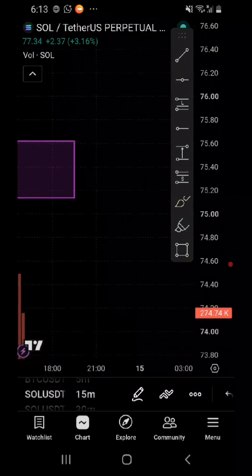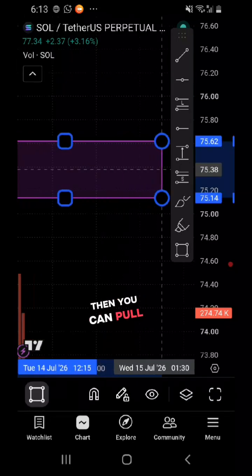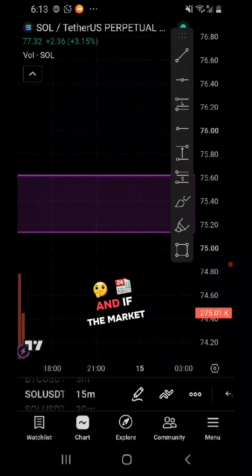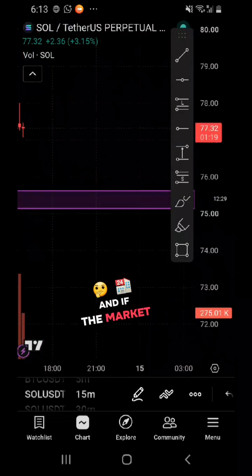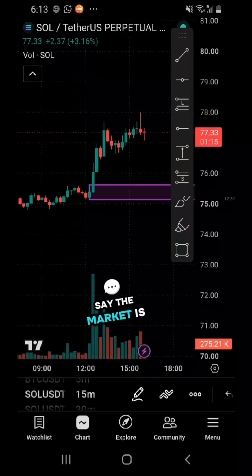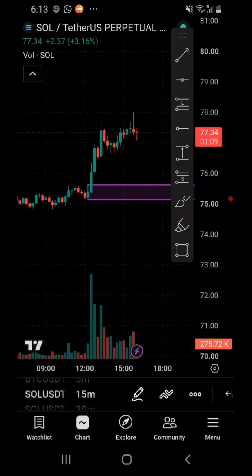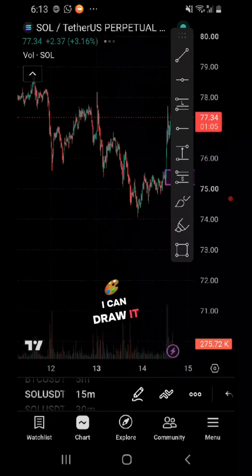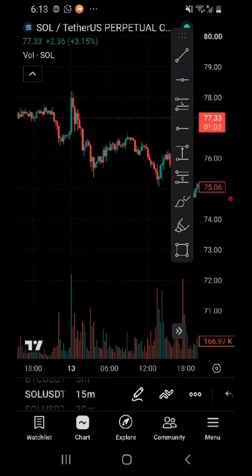Then you can pull it to wherever I want to pull it, and if the market retests it, that is where we say the market is going to go on the upside, on the uptrend, or depending on how you're analyzing. Let me see if there is an area I can draw it on, an up area.